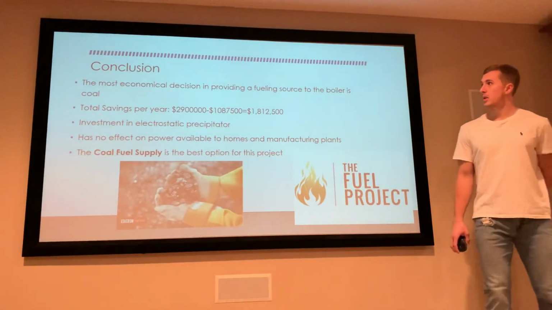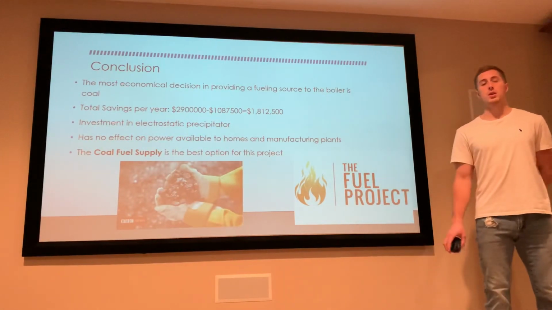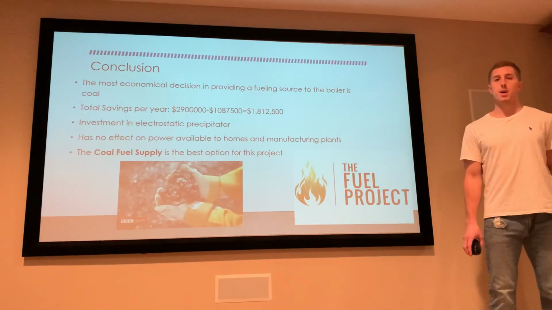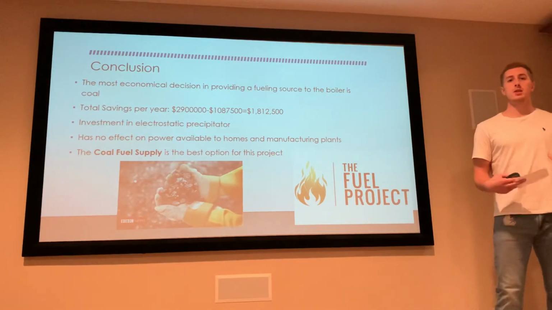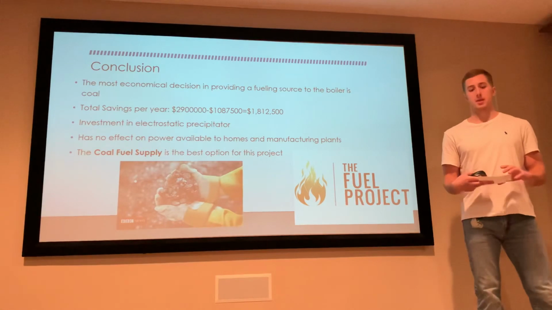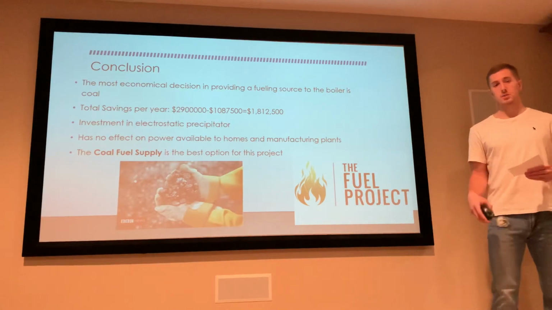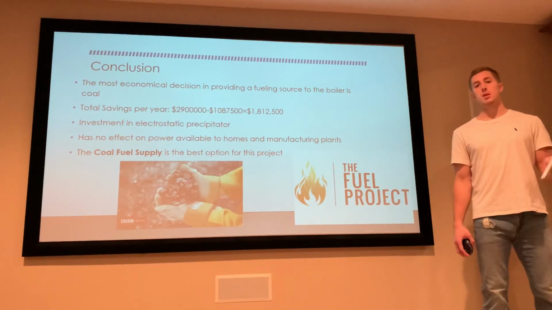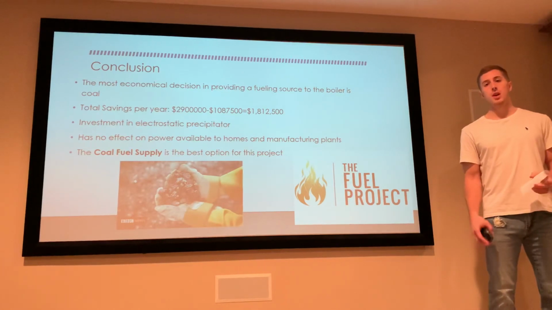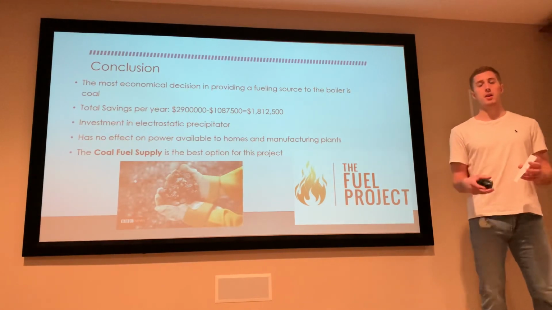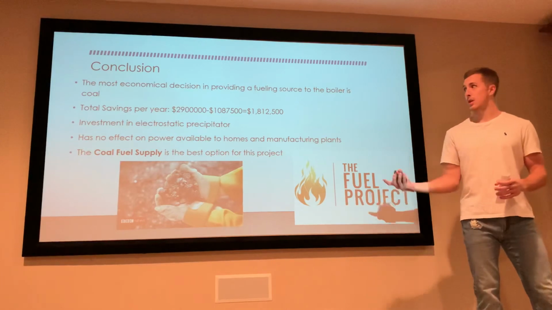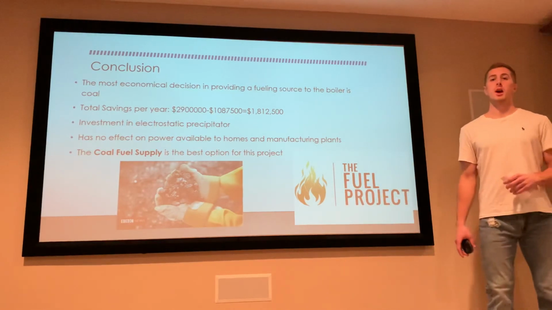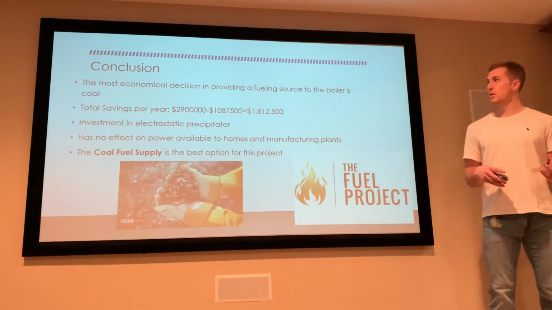So in conclusion, I suggest that we use coal for this project. Emissions might be a concern, but due to the electrostatic precipitator, I believe that emissions can be reduced much lower, and I also think that we can add different equipment with the money that we've saved using this option to reduce emissions even more.